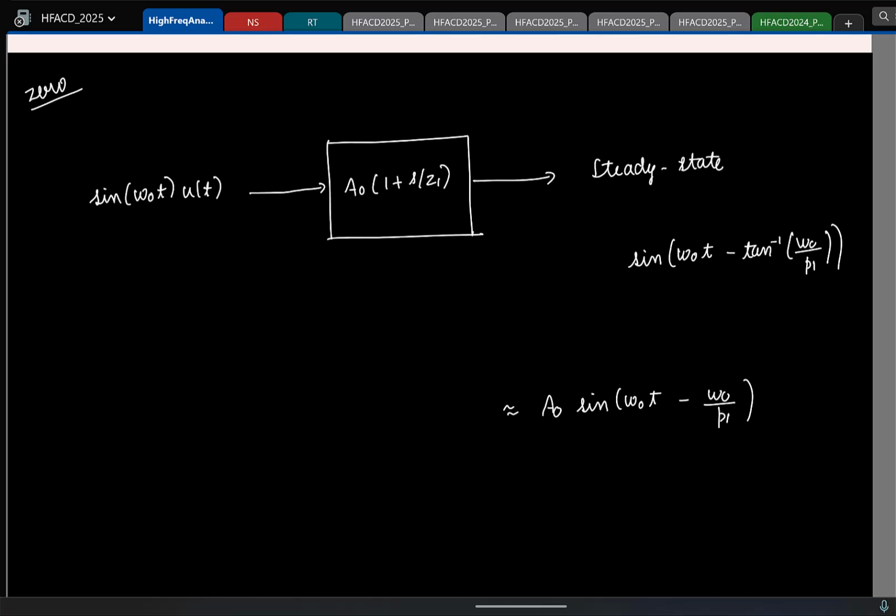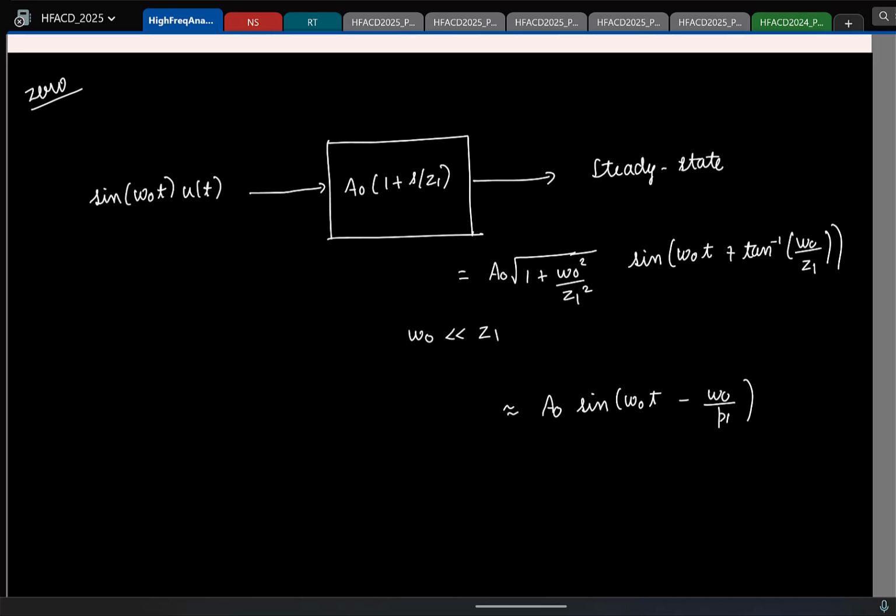What will happen to the sinusoid magnitude? a0 into square root of 1 plus omega naught square by z1 square, and the phase will become plus omega naught by z1. Again we'll impose the condition that we are looking at very low frequencies, that is omega naught is much smaller compared to your 0 frequency.